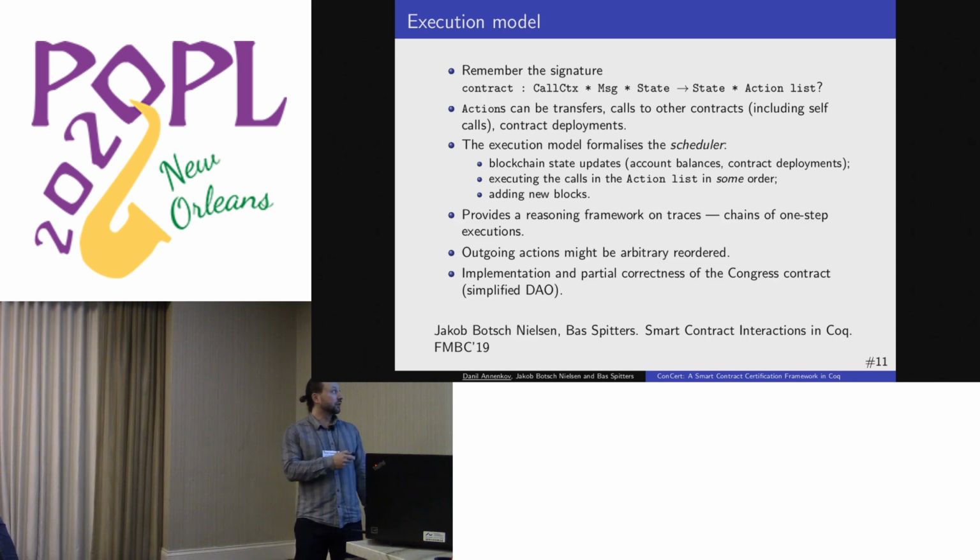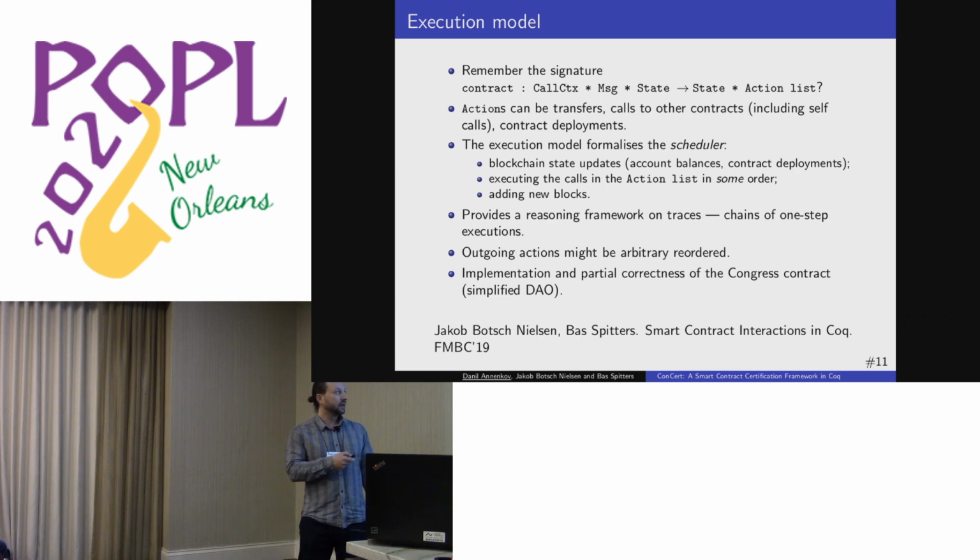The idea is that this execution model formalizes the scheduler, and there are more details in this paper, Smart Contract Interactions in Coq. We basically integrate whatever comes from our shallow embedding with this formalization of the scheduler.